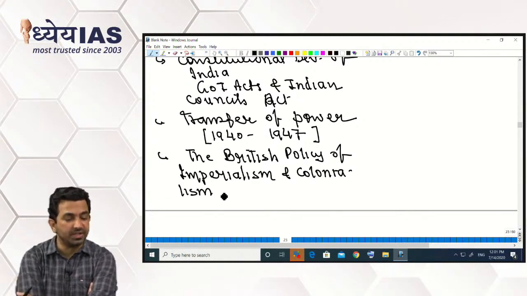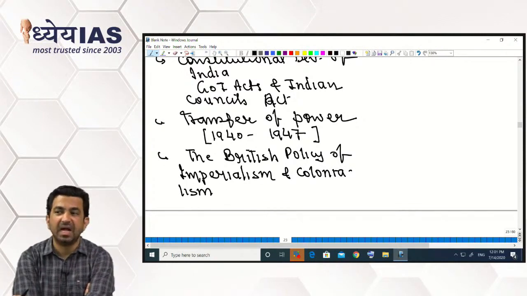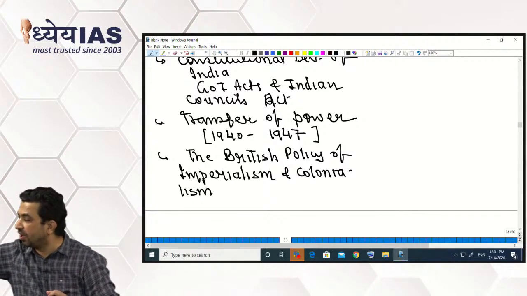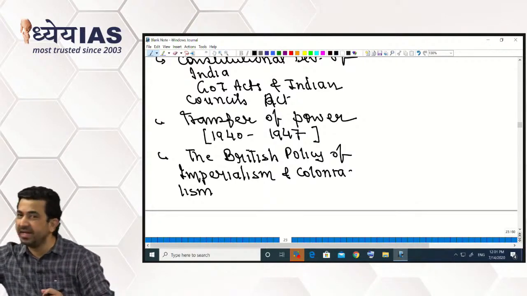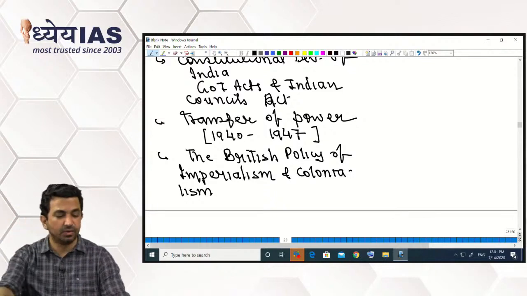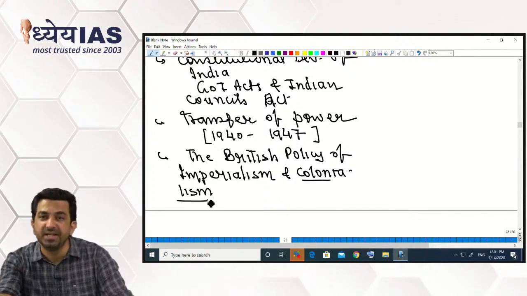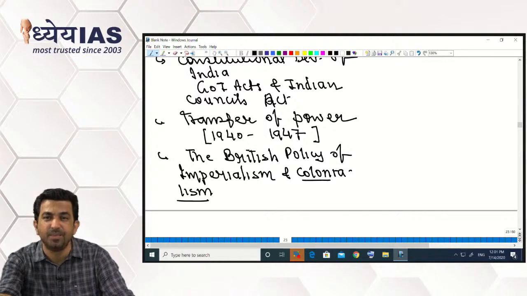The British policy of imperialism means the British policy of territorial conquest in India, and colonialism means a system of exploitation of India by the British.